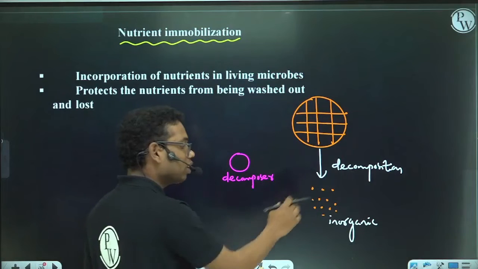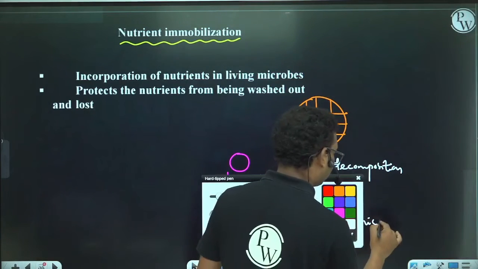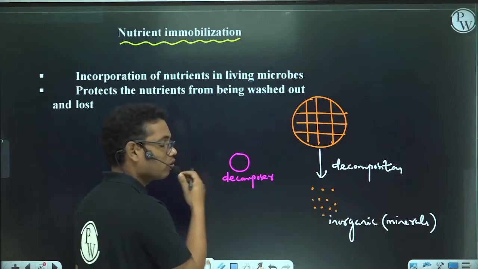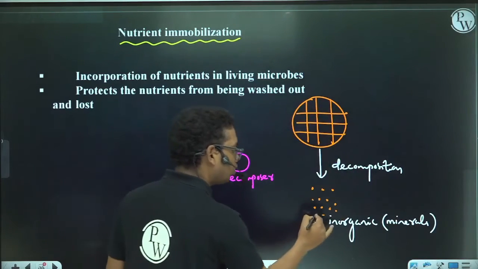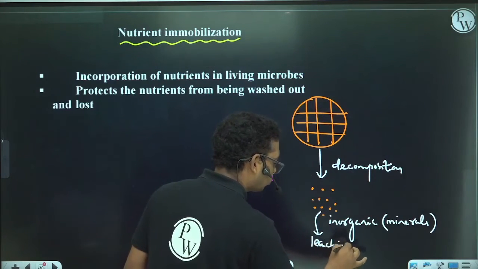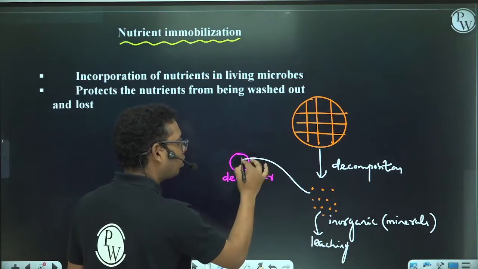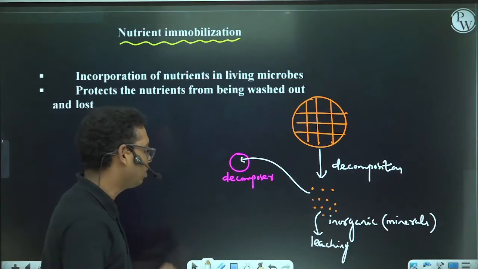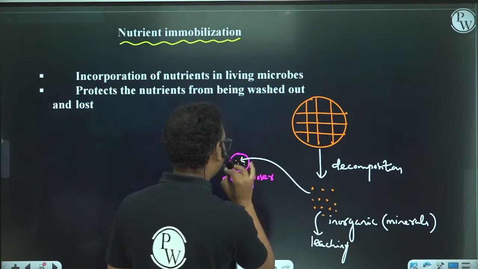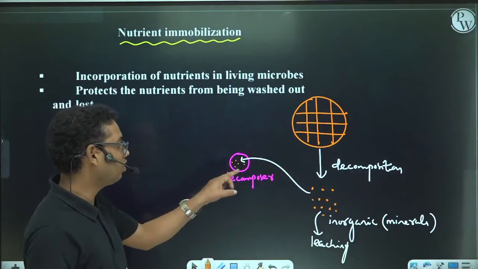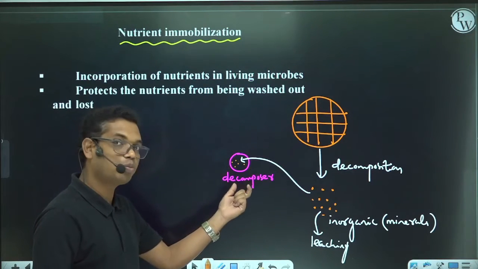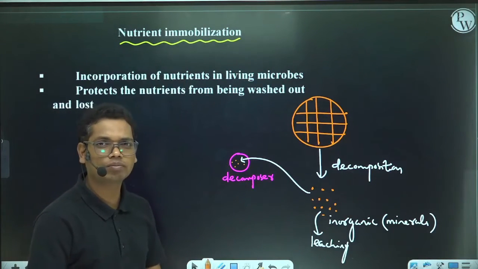So these inorganic molecules, or I can say the minerals which are released during the process of decomposition, some amount will be leached out, and some amount will be uptaken by the microbe, by the decomposer. This uptake of the minerals or nutrients by the decomposer is known as nutrient immobilization.